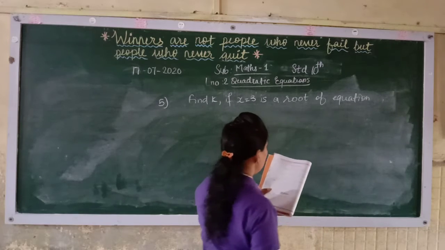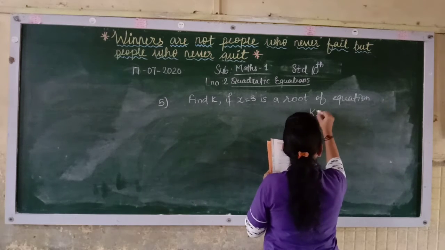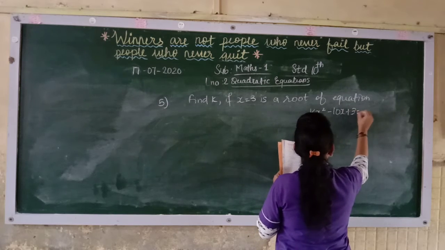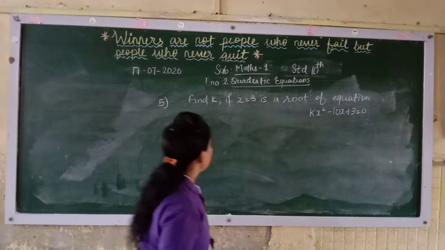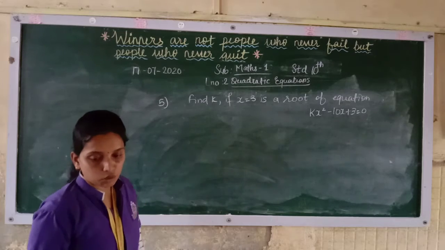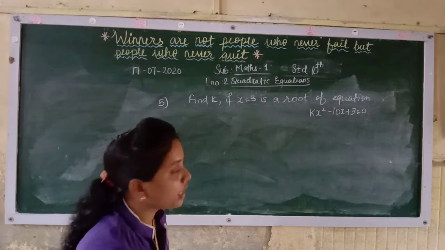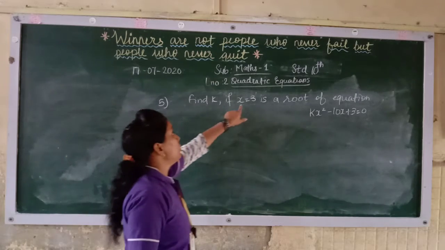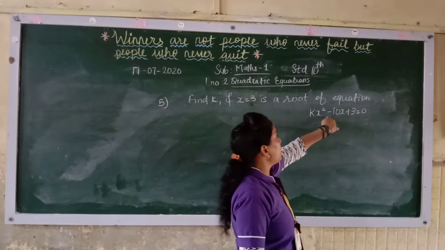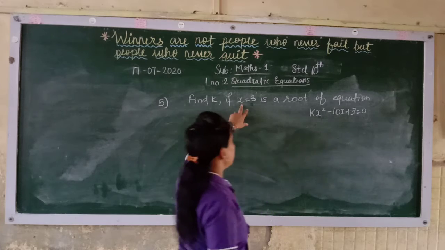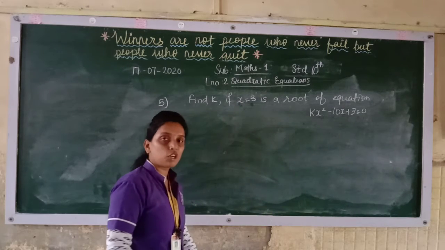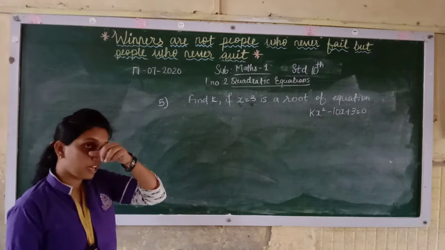They have given the equation as kx square minus 10x plus 3 equal to 0. If it is a root of the equation, it will satisfy the equation, so you have to substitute the value of 3 in the x place. When you substitute x is equal to 3 here, because it is one of the roots, you will get the value of k.